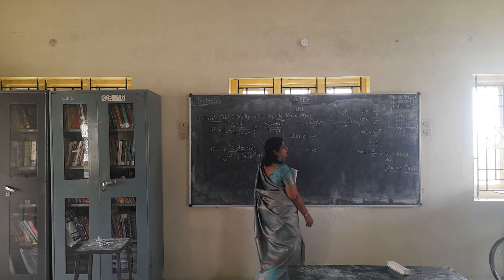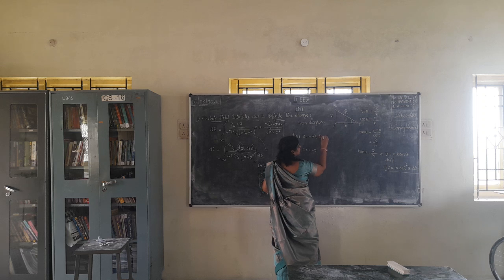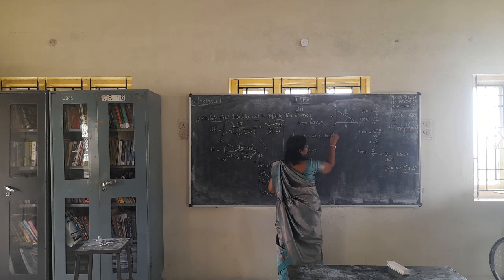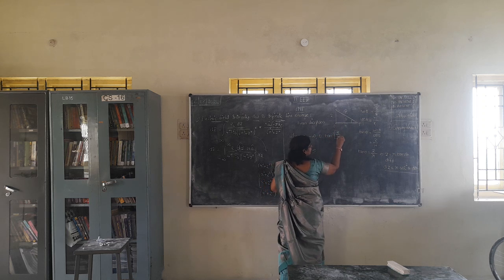When z is equal to minus infinity, theta is tan inverse of z divided by r.